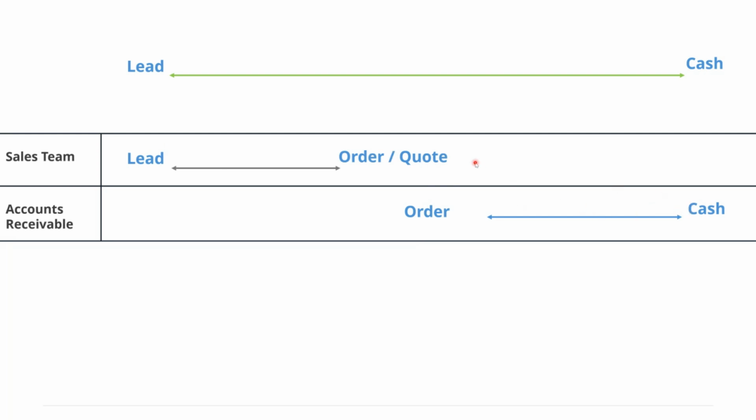Since this is a Boost Cash Flow workshop, I prefer to think of this entire process as lead to cash. The reason I say that is because I want the entire company to understand that we are all in sales. And we're going to discuss things like customer support later, with a clear understanding that even customer support, or even more so, are actually in sales as well.